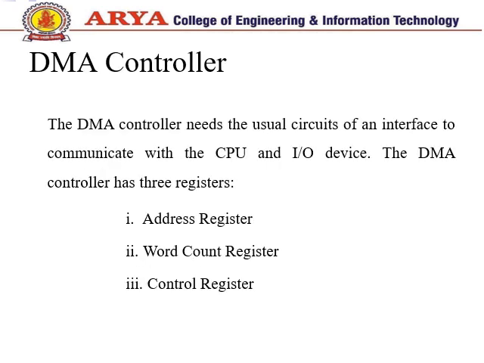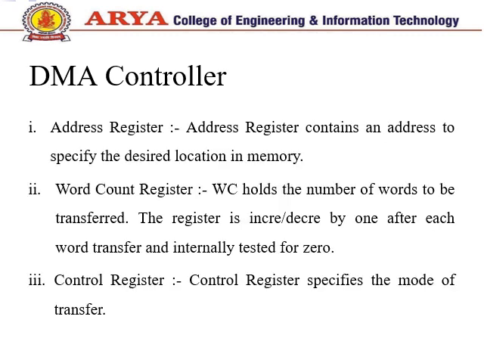The DMA controller needs the usual circuit of an interface to communicate with the CPU and input-output device. The DMA controller has three registers: address register, word count register, and control register. What is the address register? The address register contains an address to specify the desired location in memory.